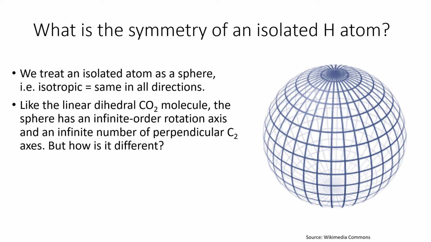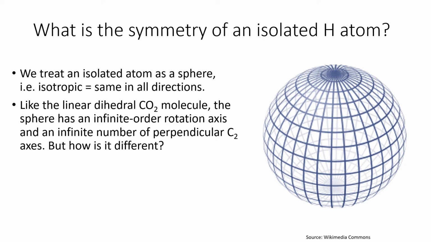And so looking at the picture there as it's drawn, it looks like it might be D infinity h. It just kind of looks like we've got a principal axis, infinite fold rotation, and we can have an infinite number of perpendicular C2 axes. But the way the picture is drawn there is slightly confusing.